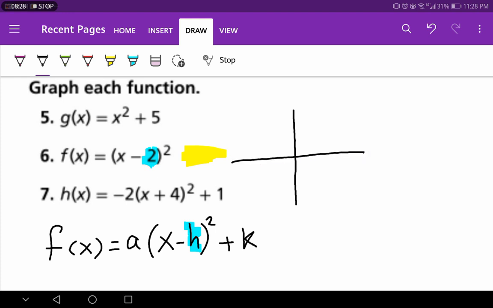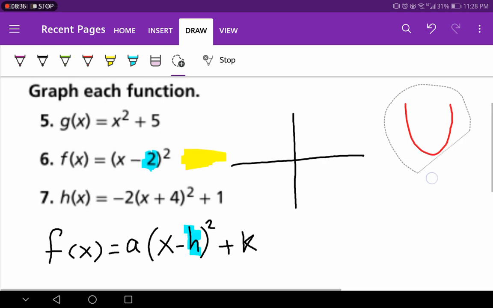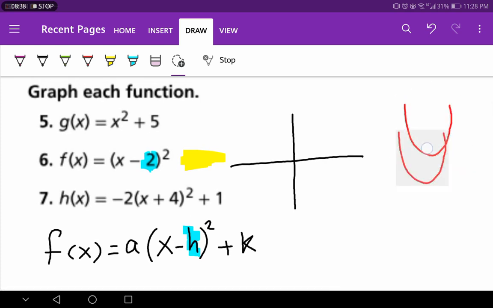And draw the parent here because I need to move it. Let me grade this thing. It is 1, 2.